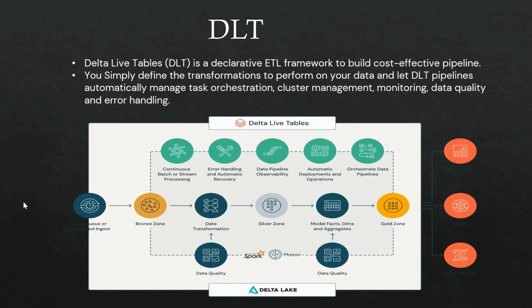I'll show you. So basically, with these DLT tables, you will be able to see the lineage in the pipeline. Once you create a pipeline, only then will you be able to see it. In Unity Catalog, you are writing your code for Delta tables, and by default it creates the lineage out of it.